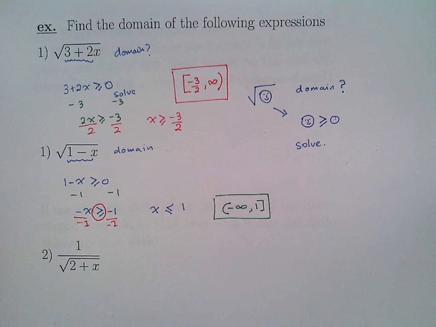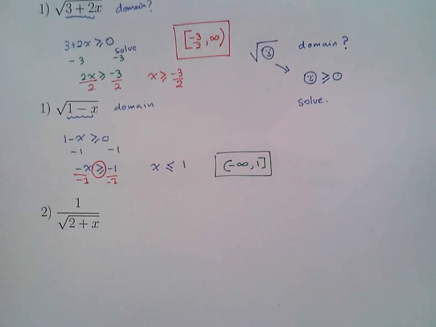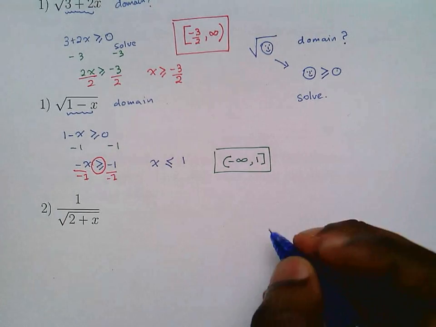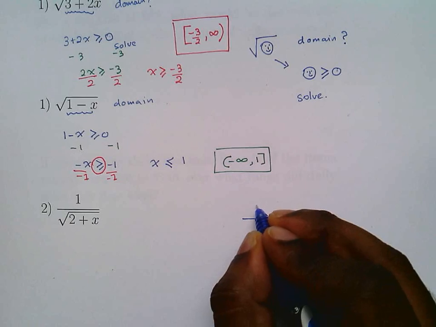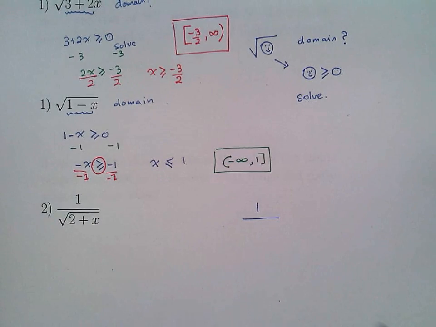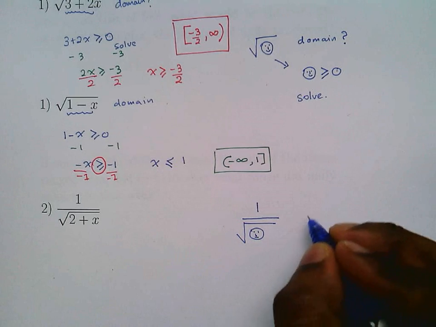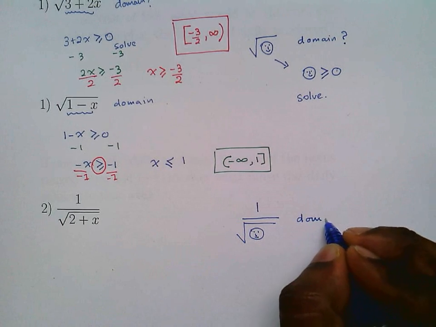Okay, now the third example is very slightly different. The reason is you have it in the denominator. The square root is in the denominator. Now the correct way to solve it, so this is the general situation: you have a number, let's say 1, over a square root in the denominator, and I ask you for the domain.